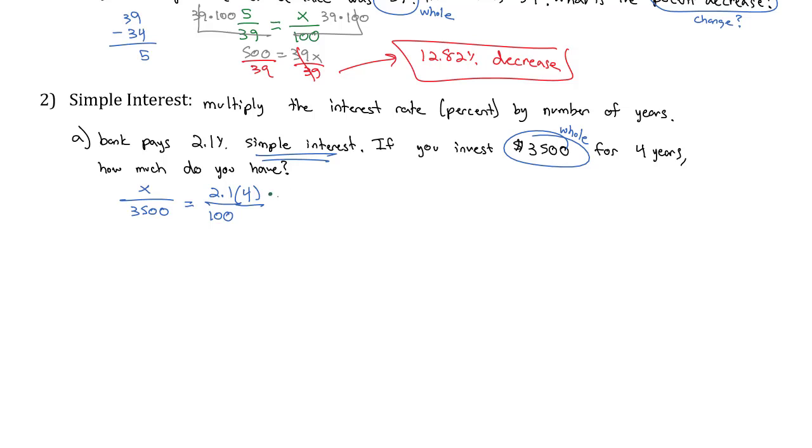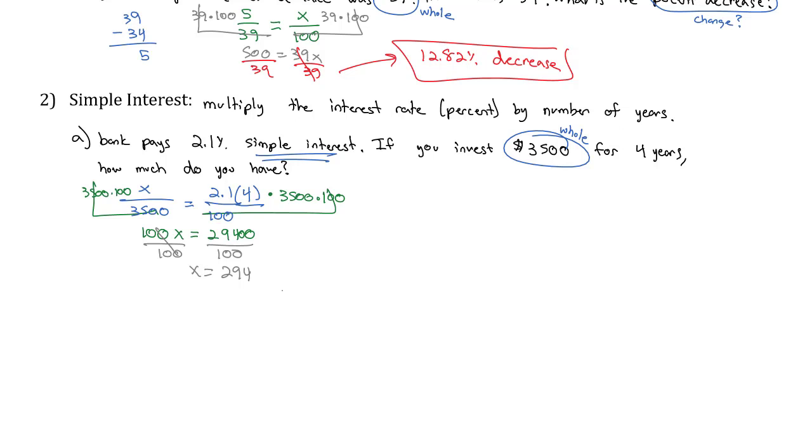Now to solve, we'll multiply both sides by 3,500 and the 100 so that they can divide out, leaving behind 100x is equal to 2.1 times 4 times 3,500. I get 29,400. And so we can divide both sides by 100, and x is equal to 294.